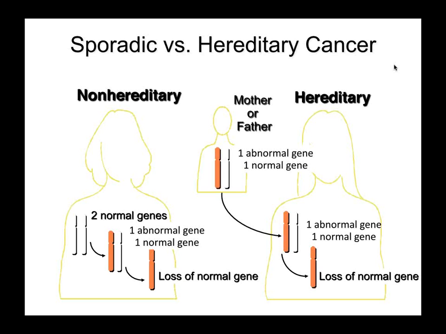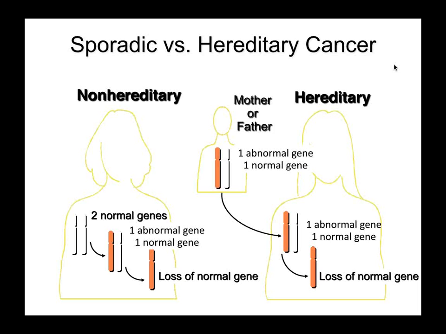So in a non-hereditary situation, a woman, for example, is born and she has no changes in her genes. So you can see this is just an example of two normal copies of a gene on the left.